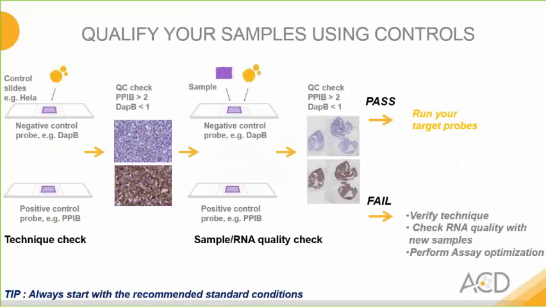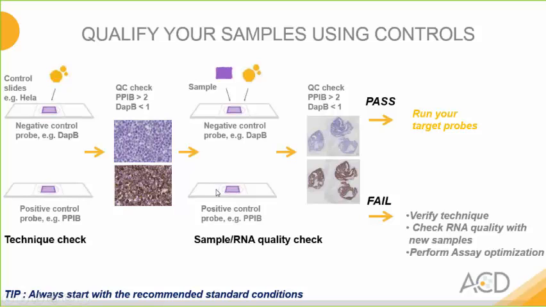So the first step is to perform the assay with control slides and using control probes. This is a technique check to make sure the assay flow steps are working. And if your negative control is clean and your positive control PPIB signal is as expected, then you can move on to your own tissue, again using the control probes.